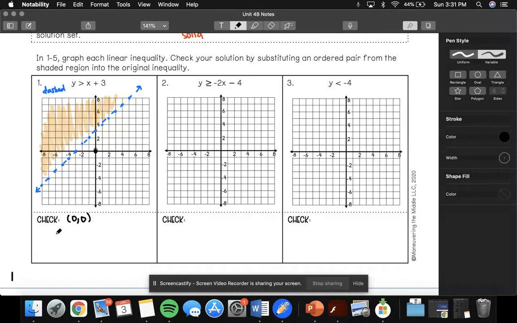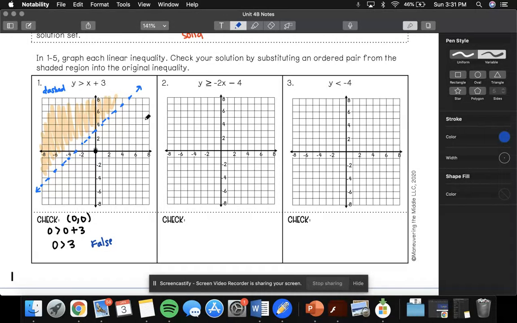So y is greater than x plus 3, and I'm just using 0, 0 as my x and my y. 0 is greater than 0 plus 3. 0 plus 3 is 3. Is 0 greater than 3? No, that's not true. So this is a false statement, which makes sense because this region is not shaded.